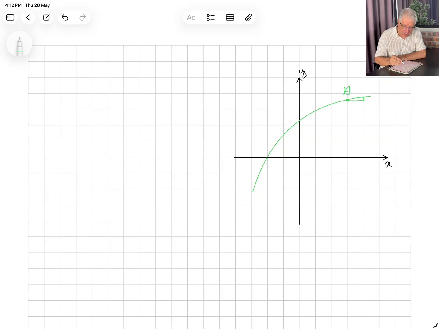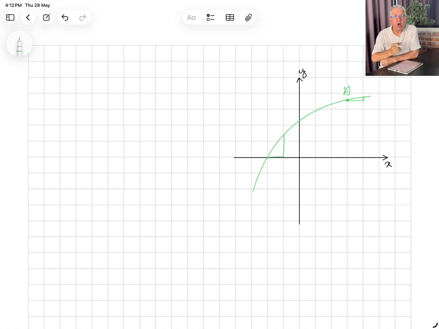It's very small. And if I go 1 unit ahead here, I go up more than 1. Therefore, you can see that the gradient of the curve changes at different points. So when you are finding the gradient of a curve, it depends on the point x.